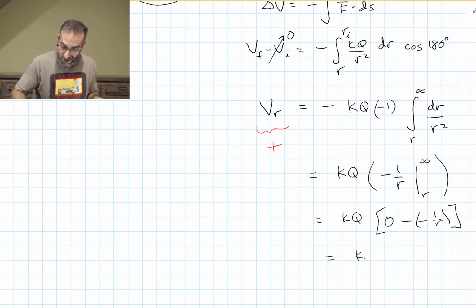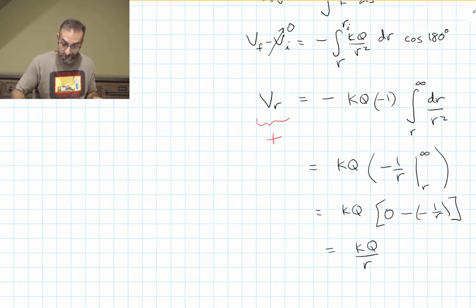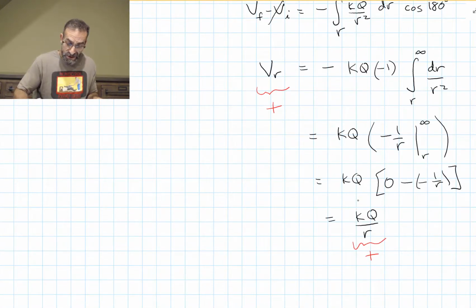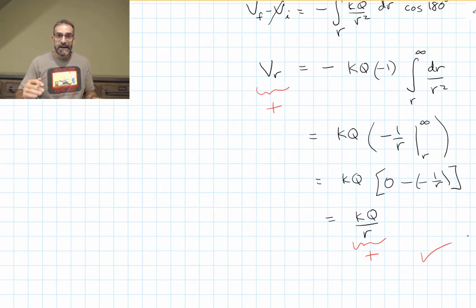So this is positive kq over r. That's positive. The left side of my equation is positive. The right side of my equation is positive. Everything checks out. I can move on. I don't have to throw a minus sign in there. Get in the habit of thinking about your answer and seeing if it makes sense.